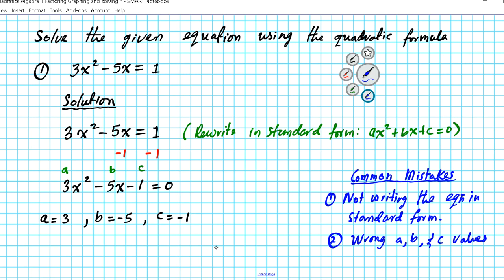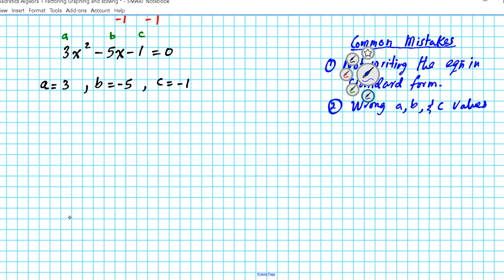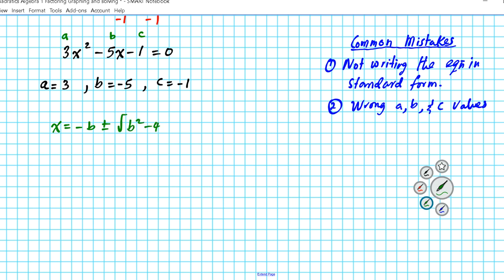Now that we know a, b, and c, to avoid making mistakes, we're going to rewrite our quadratic formula. The quadratic formula is x equals -b plus or minus the square root of b squared minus 4ac, and the entire thing will be divided by 2a. Let's substitute.